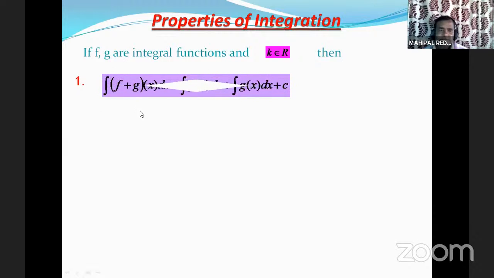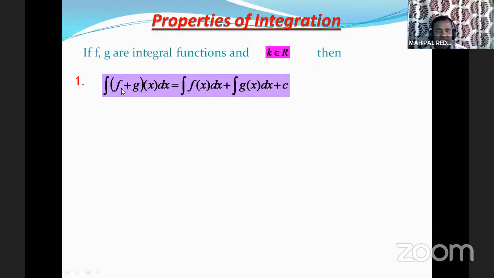Some properties of integrations. If f, g are integrable functions and k belongs to R, again k is a real number, then the integration of f plus g of x, that means the sum of two functions, is the integration of f of x dx plus the integration of g of x dx plus c.